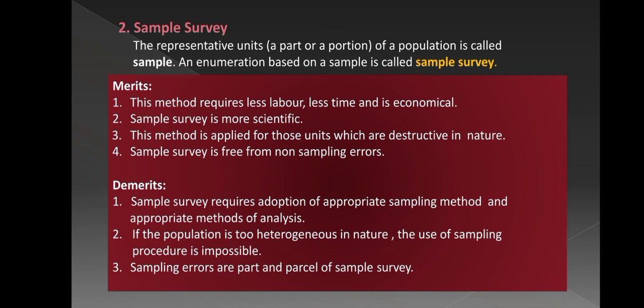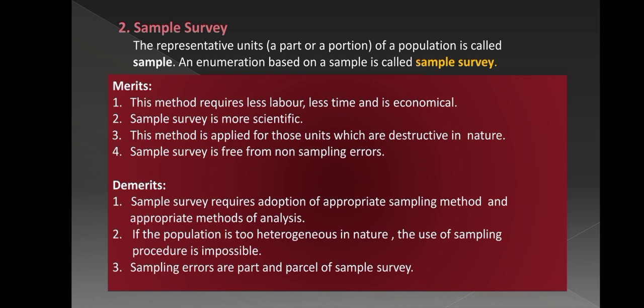And the third one is, sampling errors are part and parcel of sample survey. When we are doing a sample survey, there will be some errors. Actually we had to do the survey of the whole population.